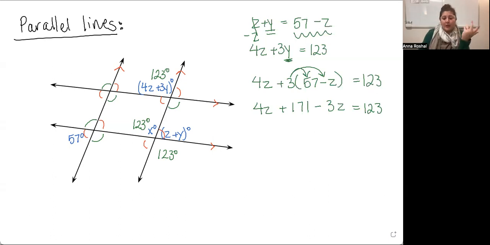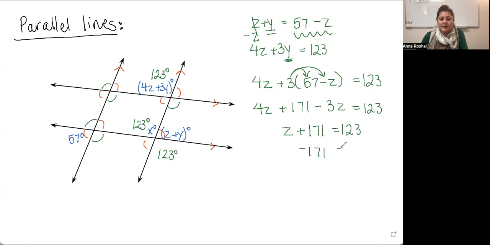Hold on a second. It seems like I actually did the correct math here, so I guess we're moving right along. Let's go ahead and combine like terms. So I have 4Z minus 3Z, which is Z. So Z plus 171 is 123.